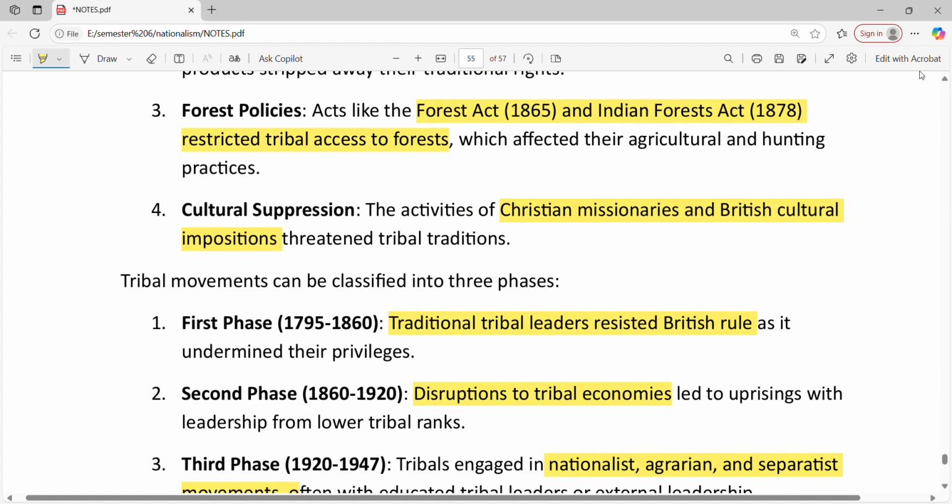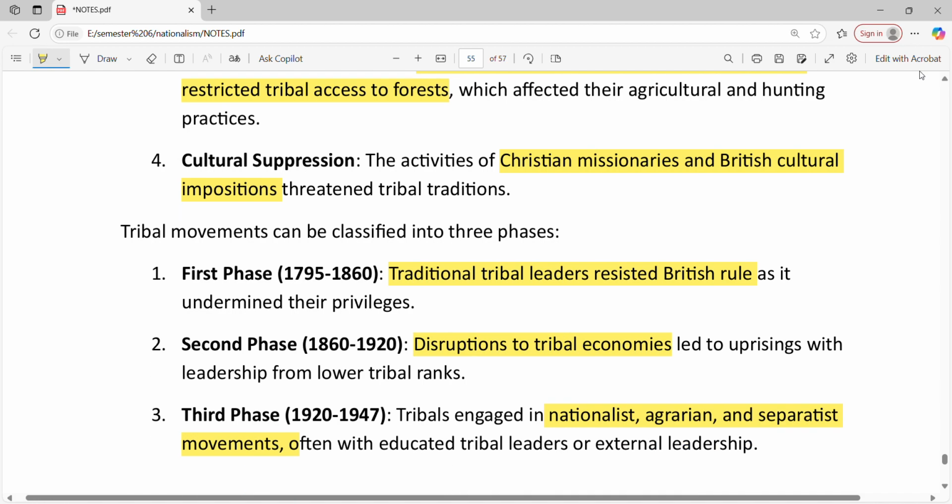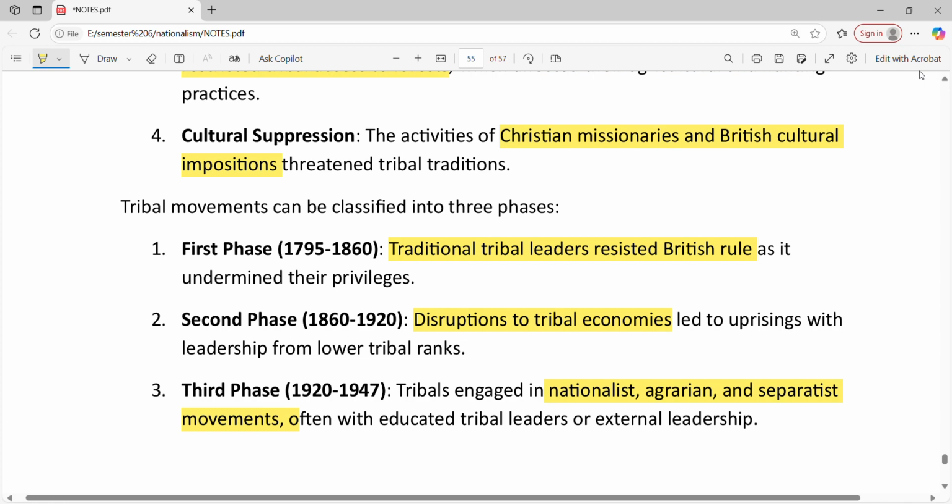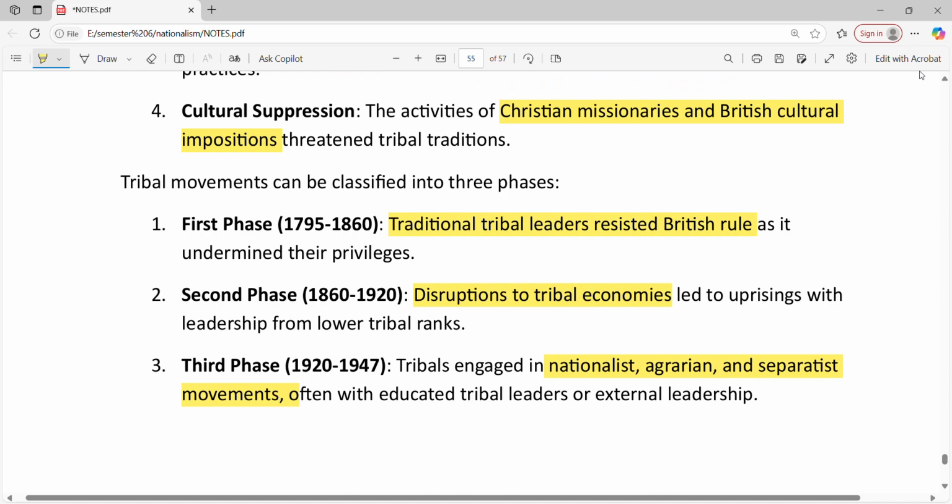Now we can classify the tribal movements into three. First phase from 1795 to 1860, having the traditional tribal leaders resisting the British rule. The second phase is due to the disruptions to tribal economies, and in the third phase, tribals got engaged in nationalist, agrarian, separatist movements, often with educated tribal leaders or external leadership.